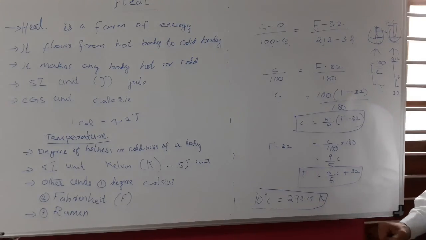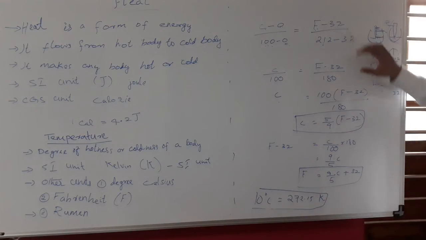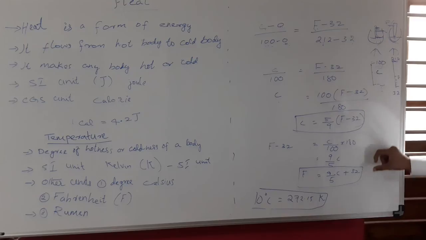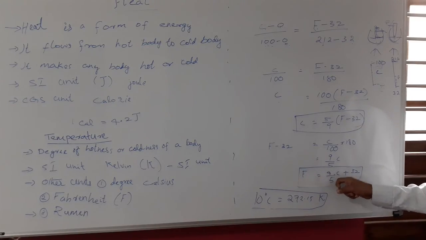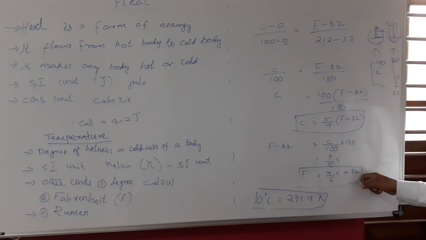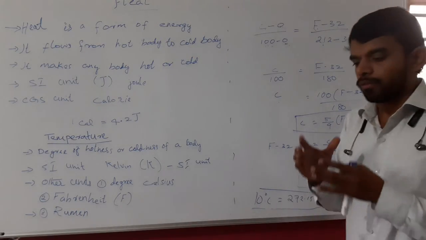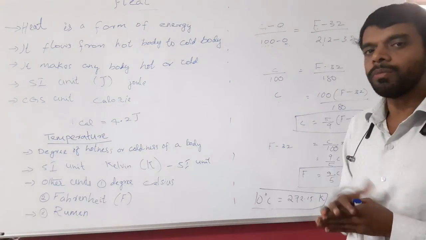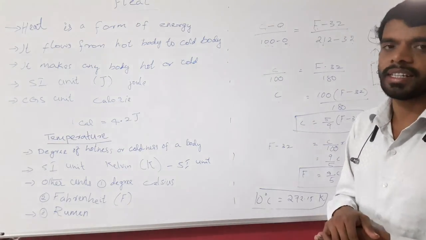Now look at this equation and this equation: C is equal to 5 by 9 into F minus 32, or F is equal to 9 by 5 C plus 32. So there will be questions to convert from Fahrenheit to degree Celsius and from degree Celsius to Fahrenheit.